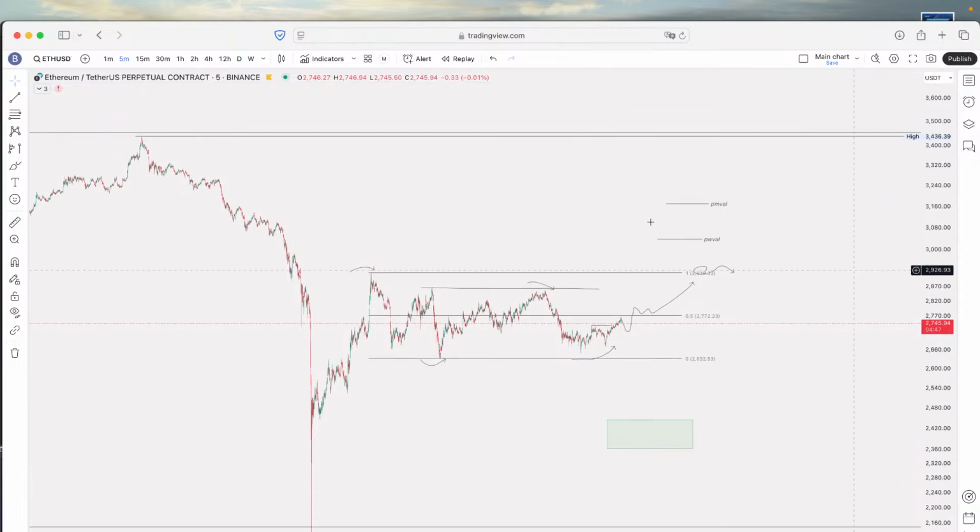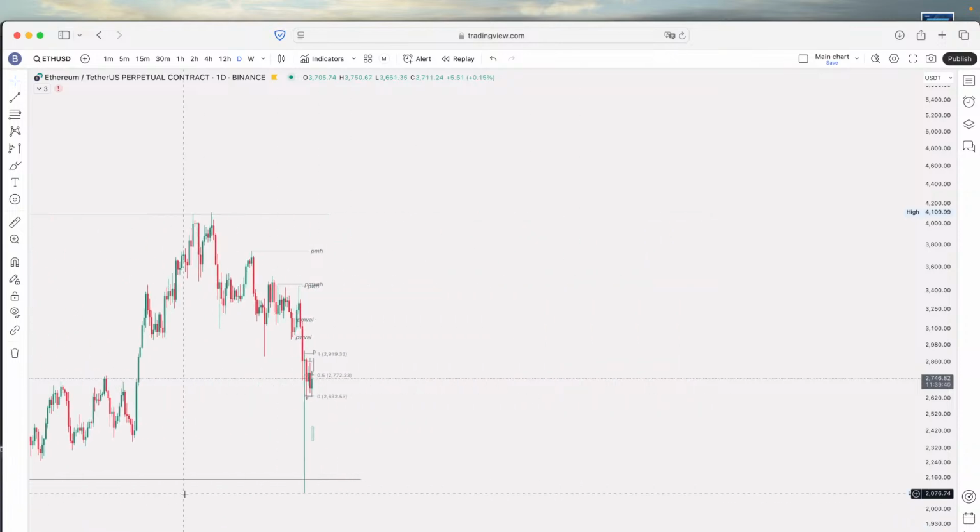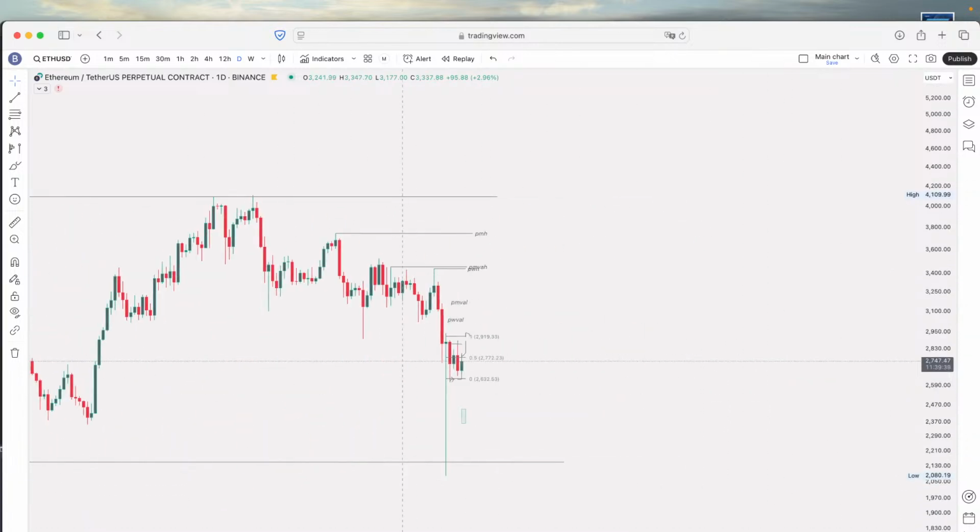This level, if we zoom out, also lies inside the 50% of that big wick that the price left with the big drop we saw at the beginning of Monday, in the early hours of Monday.